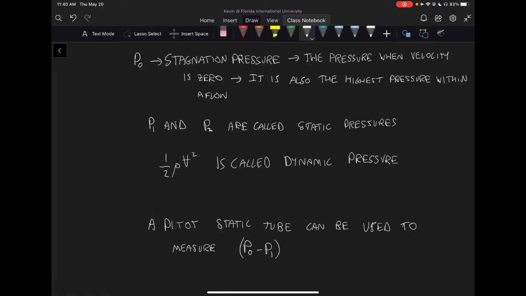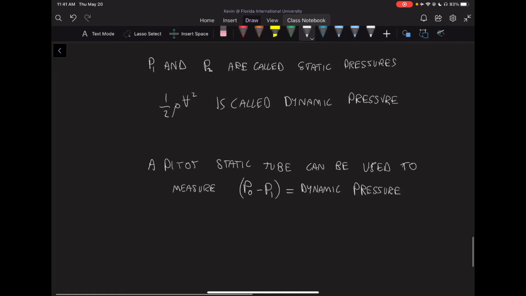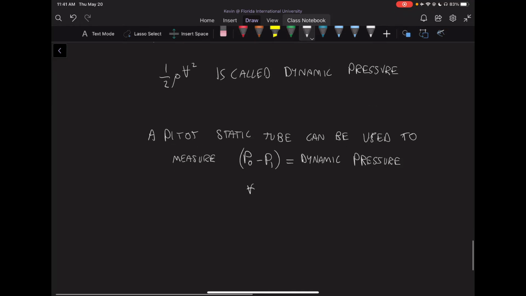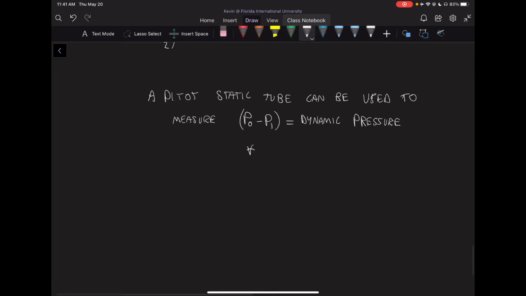And P0 minus P1 is equal to essentially the dynamic pressure. And if we know the density of the fluid, we can use a pitot-static tube to find velocity, essentially. Now, what is a pitot-static tube? A pitot-static tube is a tube that looks like this. So let's say we have a flow.